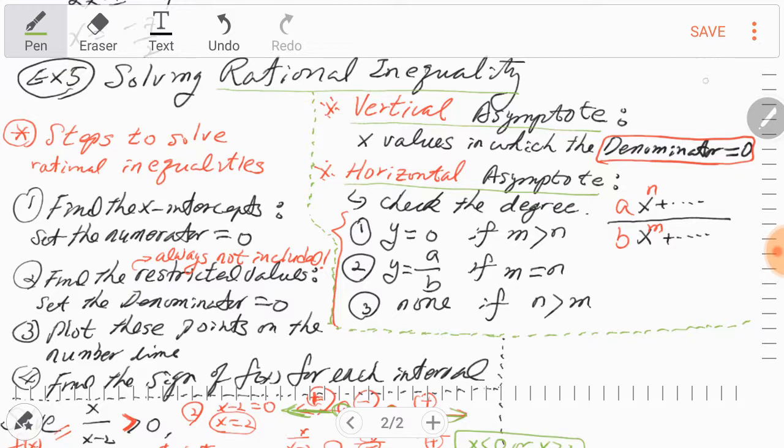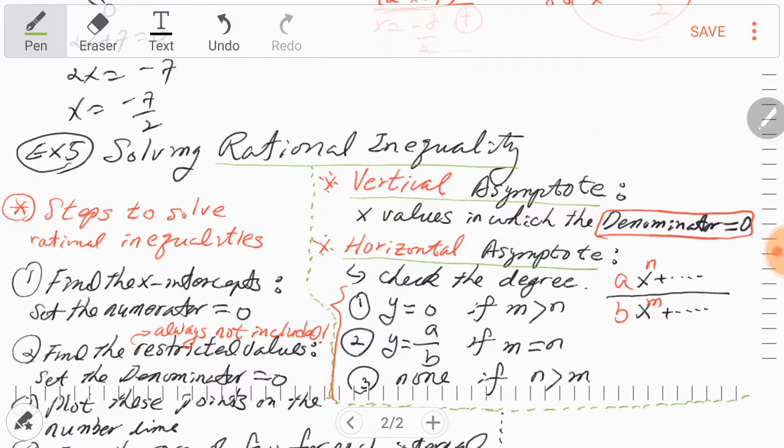So if I draw a graph, let's say y equals 1 over x. Then the graph looks like this. Here is the y-axis, x-axis. Then the graph is this. x equals 0 is undefined.